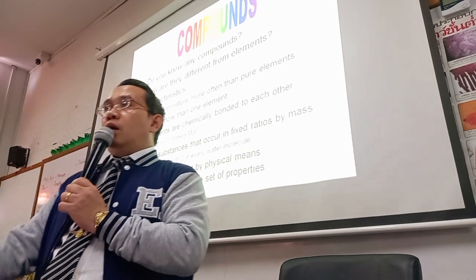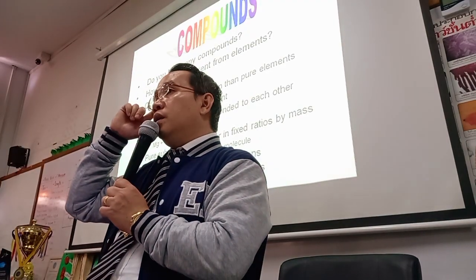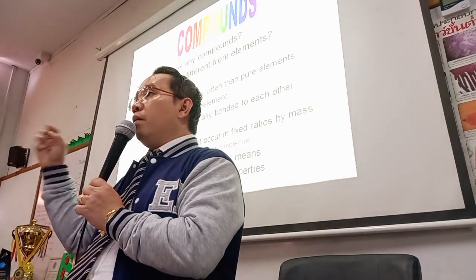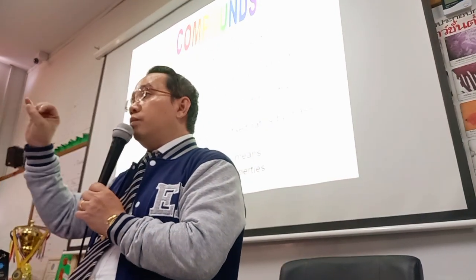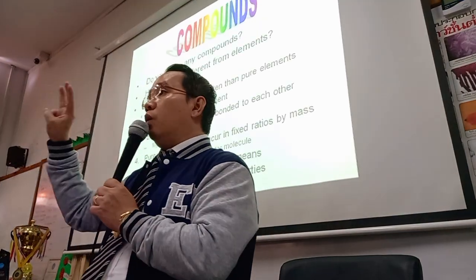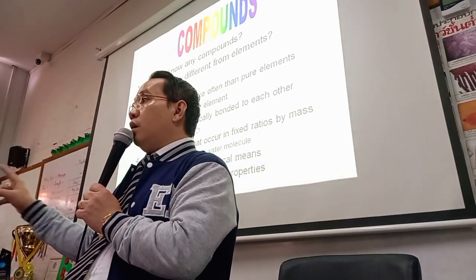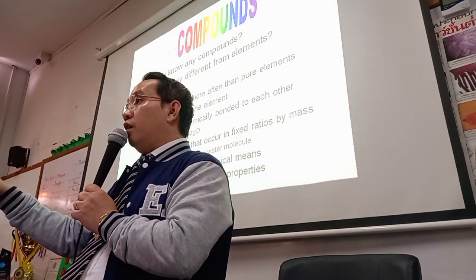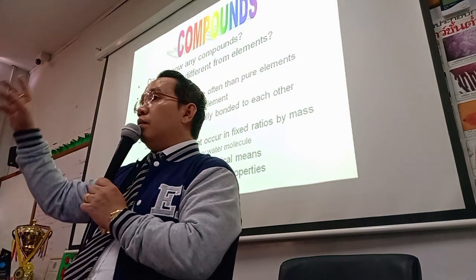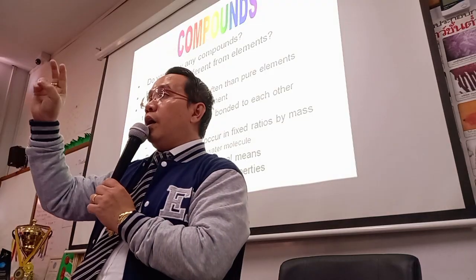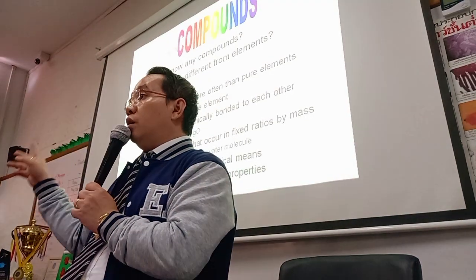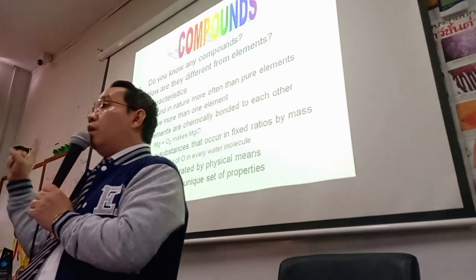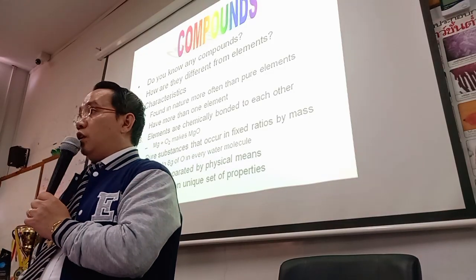Always keep in mind that compounds are composed of two or more elements. For example, water. How is water formed? By combining two atoms of hydrogen and one atom of oxygen.